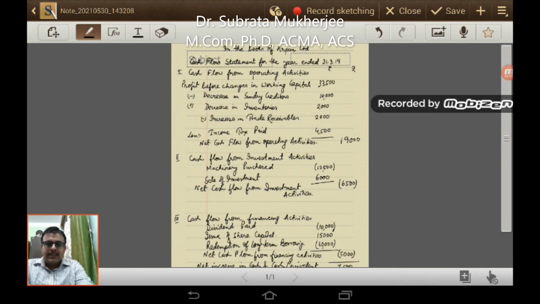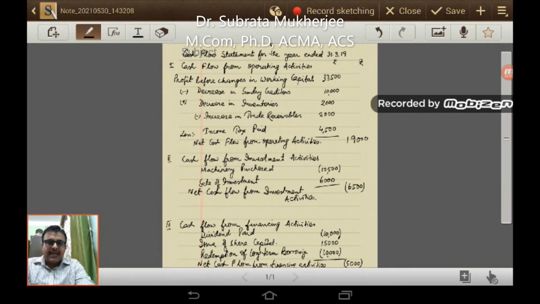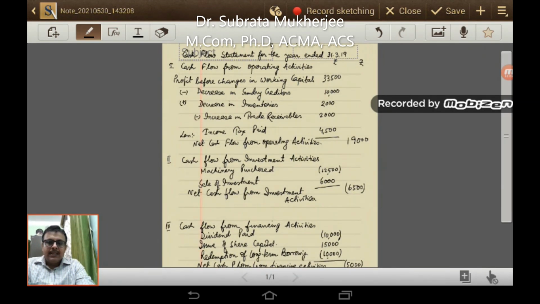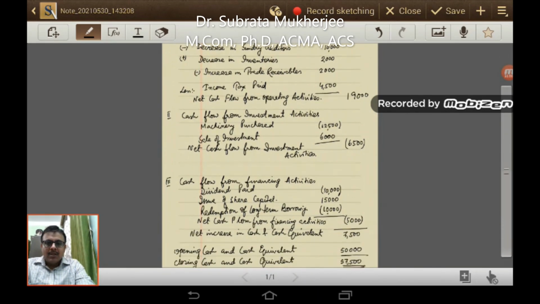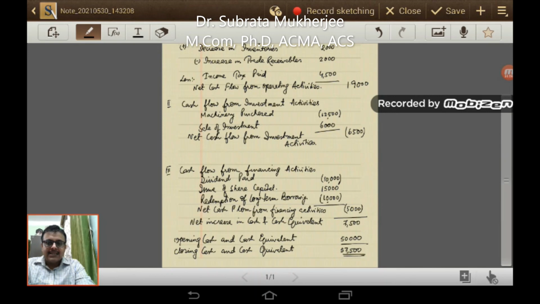Now I have calculated the value of net cash flow from operating activity, which is rupees 19,000. Then the cash flow from investment activities is 6,500. Then the net cash flow from financing activities is 5,000. This is the outflow, minus 5,000. So net increase in cash and cash equivalent is rupees 7,500.